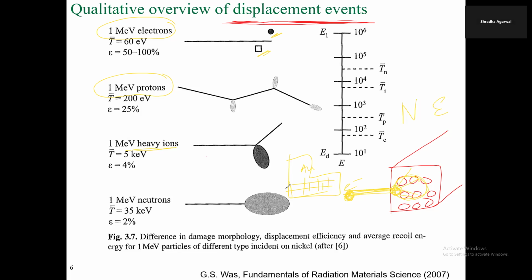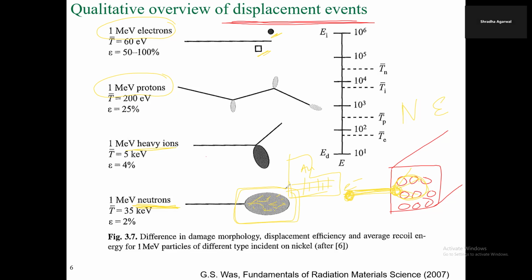And look at neutrons. Neutrons are uncharged particles, so the interaction is very different. And look at the kind of blob they are making, neutrons. It's a huge blob, right? What a big blob. That means in this blob, a lot of displacements are happening. A lot of them. So this is how it looks.